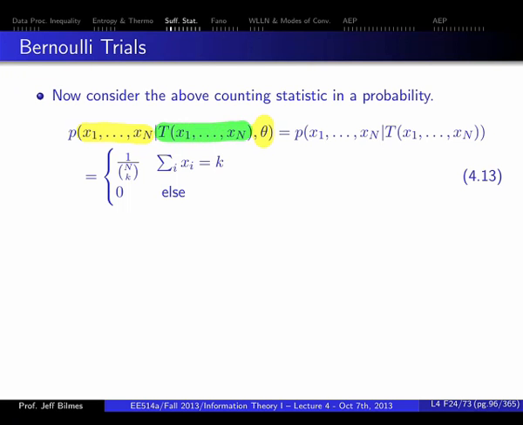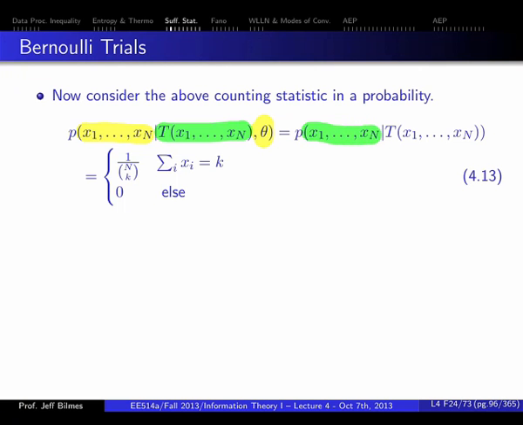Okay. Now what we're going to show is that this is equal to the probability of the sample given just the statistic.